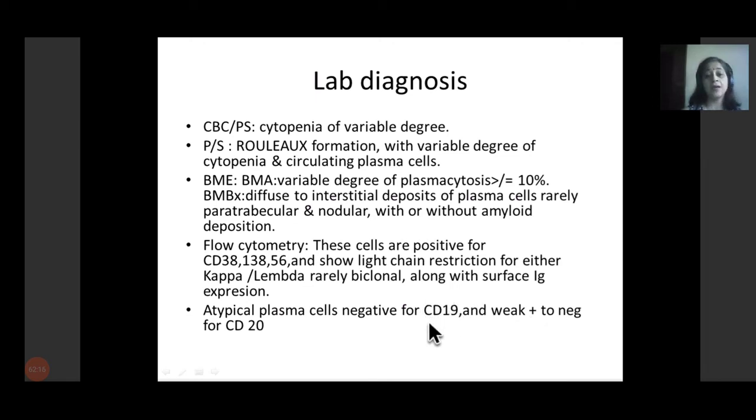But they are neoplastic, so they lose CD19 expression and acquire CD38 and CD138 expression, and dim to moderate or negative CD56 positivity, which is quite variable. But they have to show a light chain restriction, either kappa or lambda type with an altered ratio, which can be established even on flow cytometry, along with surface immunoglobulin expression, more commonly IgG, followed by IgA and IgD.